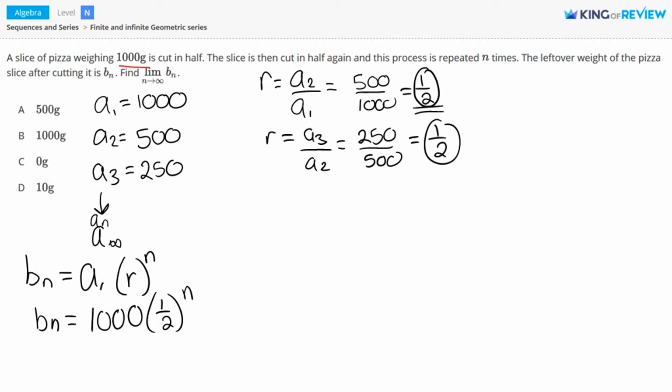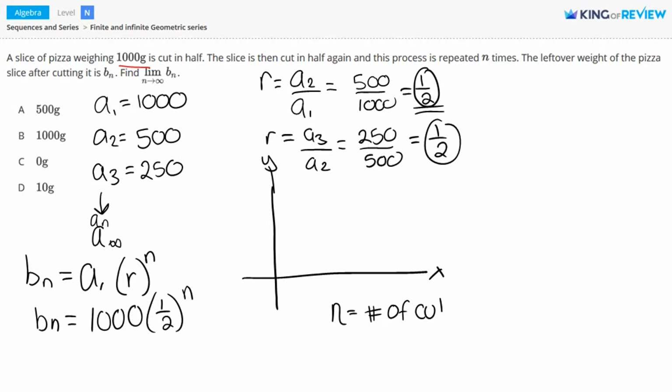Now let's get a visual of what this looks like if we're graphing it. We have our x-axis and our y-axis here. And the x-axis will represent n, which is the number of cuts. And y represents the weight of the slice.